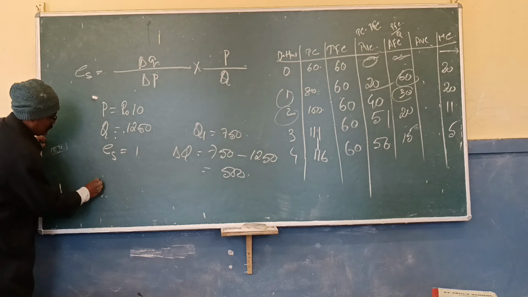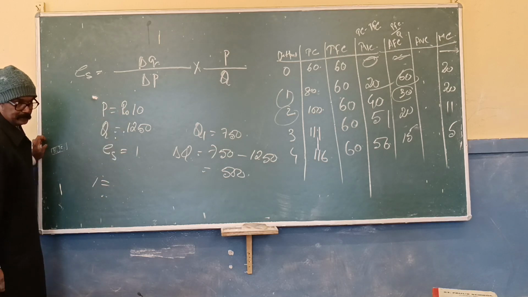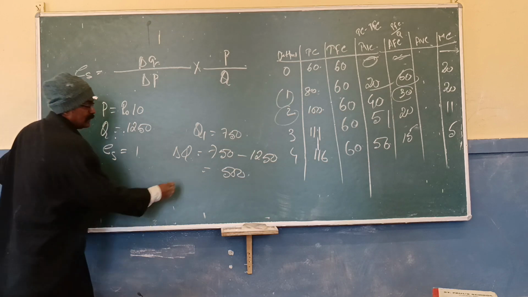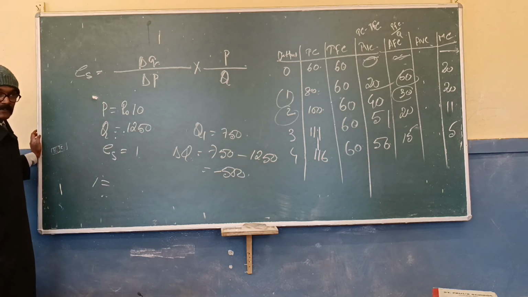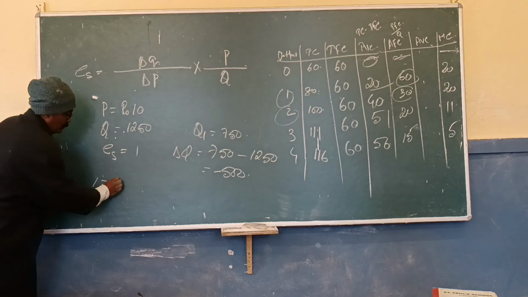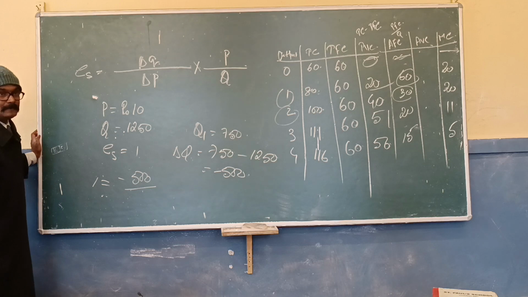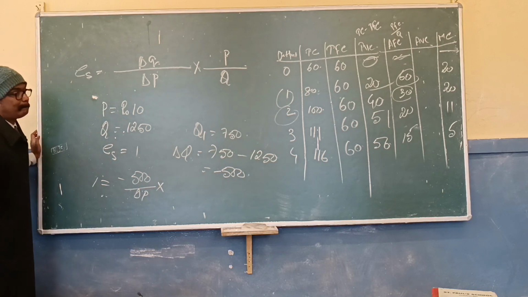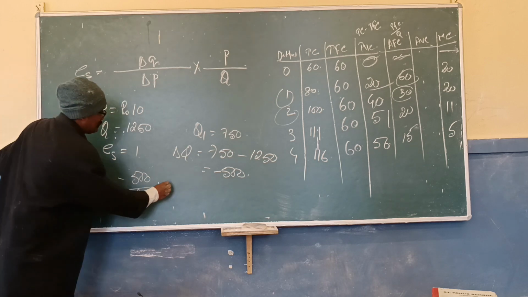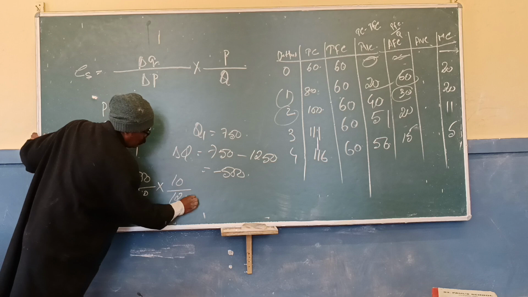Alright. So ES equal to 1. What is delta Q? Minus 500. Minus 500 by delta P, which we don't know. What is P? P is 10. Quantity is 1250.